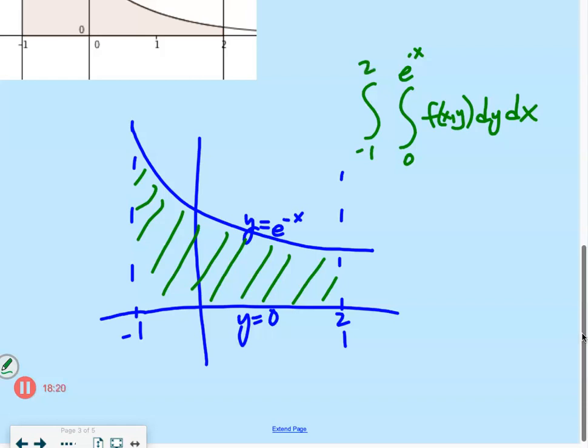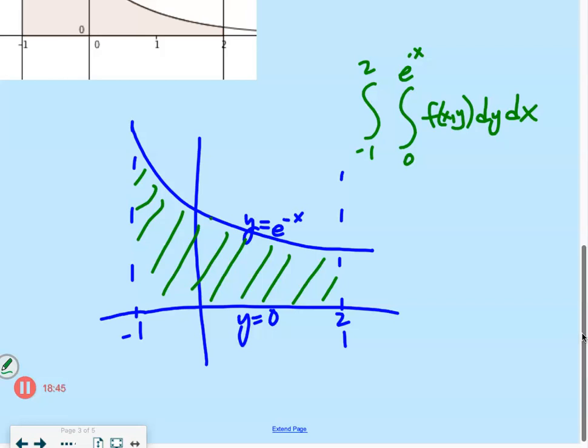If I'm going to go dx dy, then instead of upper and lower boundaries, I have to do left and right boundaries. When I do left and right boundaries, I have 2 different boundaries on the right-hand side. If I were to draw a line connecting left to right, if I drew it up here, I'd hit this guy.